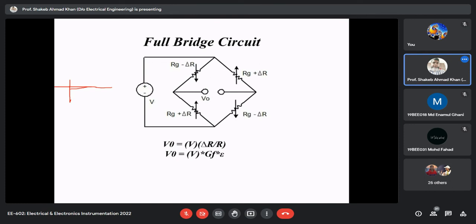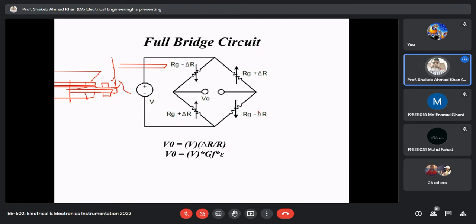If this is your cantilever, we are putting two strain gauges upside, one strain gauge, another strain gauge, third strain gauge, and all of them are identical strain gauges in all senses. Suppose you connect this here, and this here.